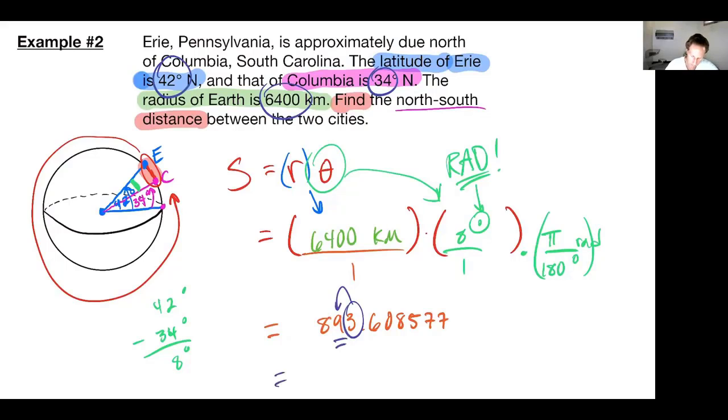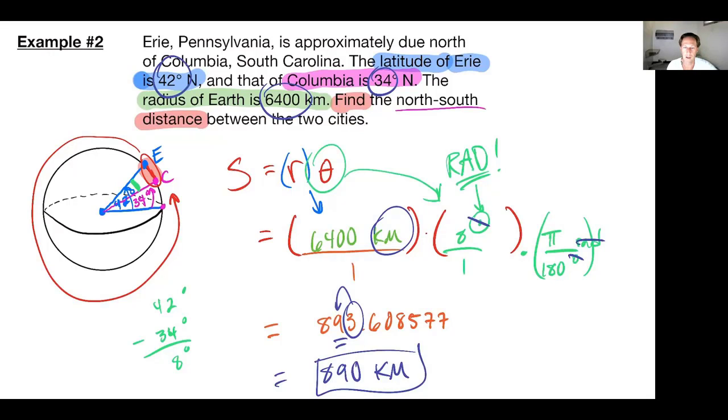And that means we would write 8, 9, and then have to keep that down to a 0. 890 kilometers, because the degrees canceled out and radians, remember, are not necessary. So that would be our answer for this one.